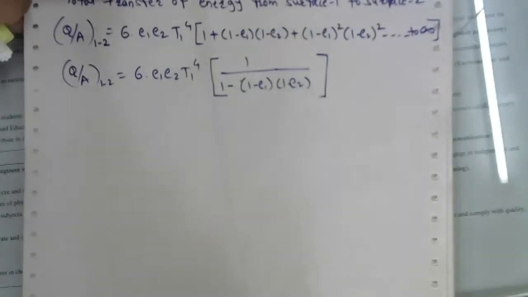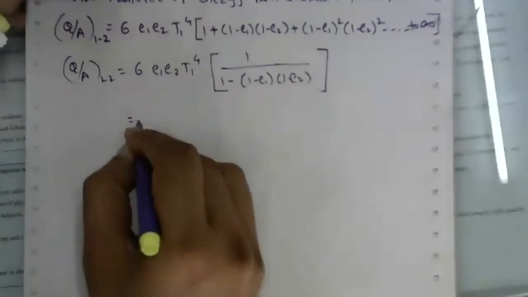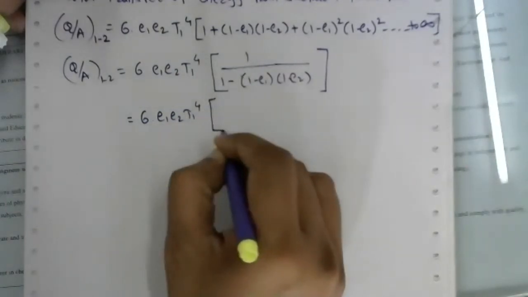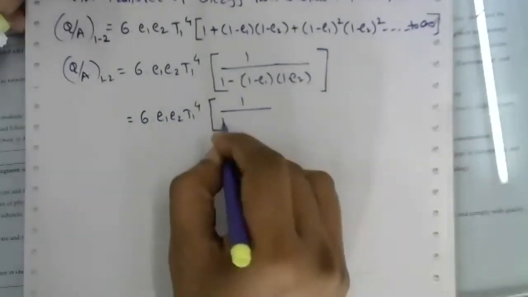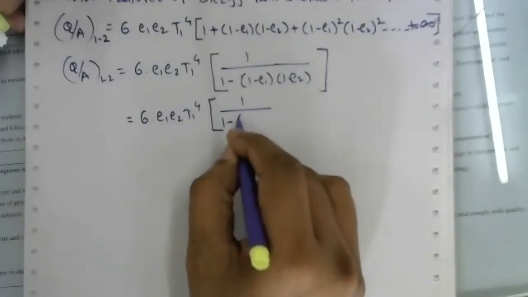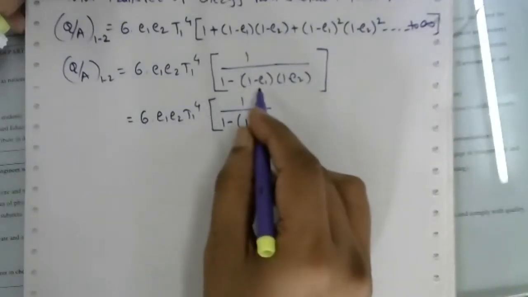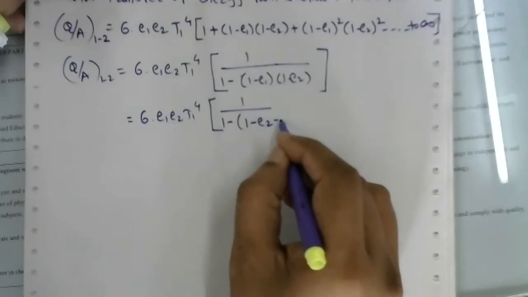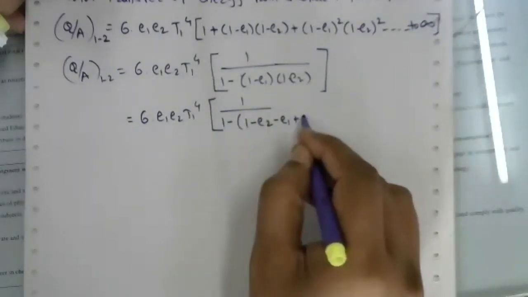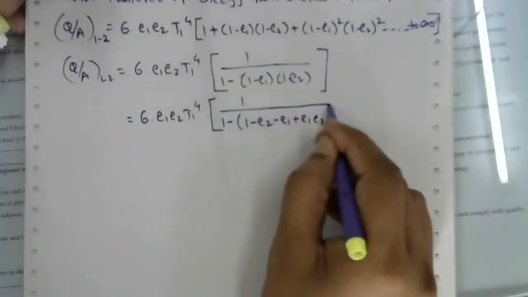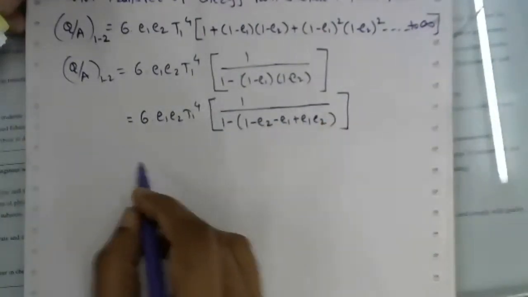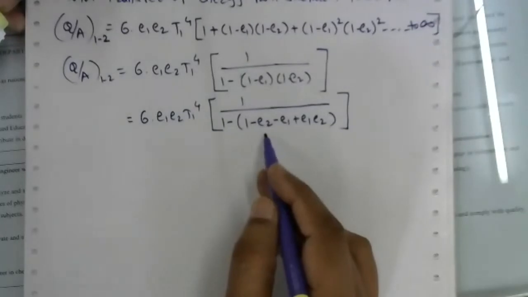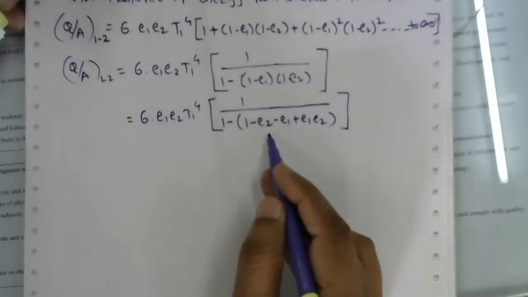We can solve this bracket: sigma E1, E2, T1 raised to 4, 1 upon, now I'm going to solve this bracket: 1 into 1 is 1, 1 into minus E2, minus E1 into 1, minus E1, minus times minus gives plus E1 E2. So this 1 minus 1 gets cancelled and the minus sign is multiplied, so it becomes E1 plus E2 minus E1 E2.